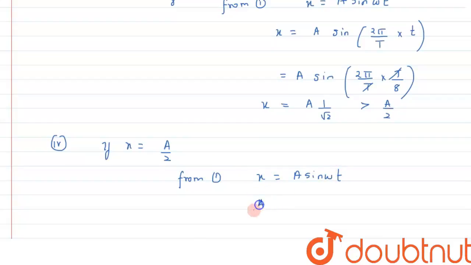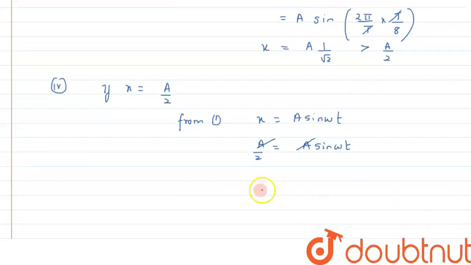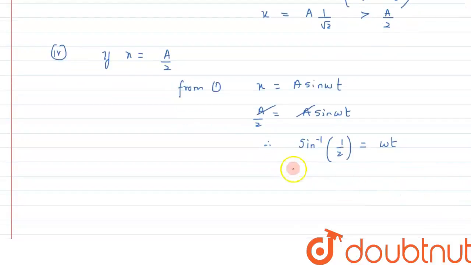So x has been given as a by 2, and that is equal to a sine omega t. From here a and a will get cancelled out. Therefore sine inverse of half will be equal to omega t, and sine inverse of half is pi by 6, that is equal to omega t.